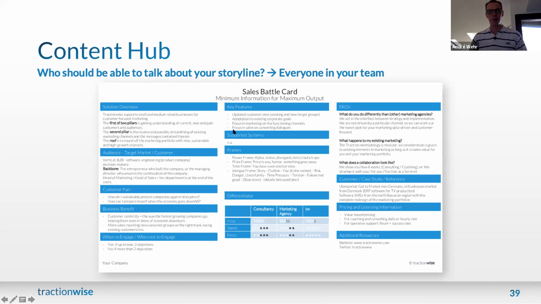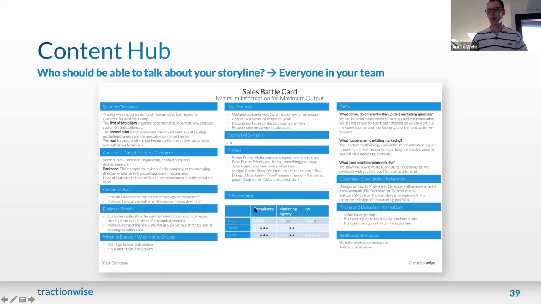What are, for example, our key features within the software or within our product or within our service? What are our supported systems? That might apply in case you have an app or a software. Then we have some area of framing, so how to frame a conversation. This is just additional. Then some differentiators, comparing, for example, to your competitors.